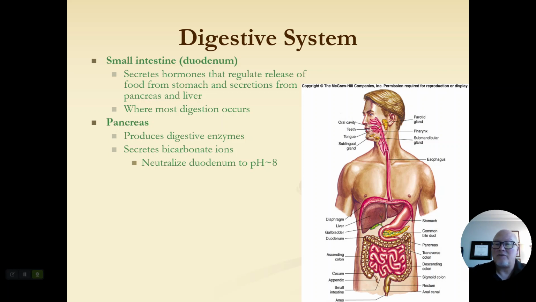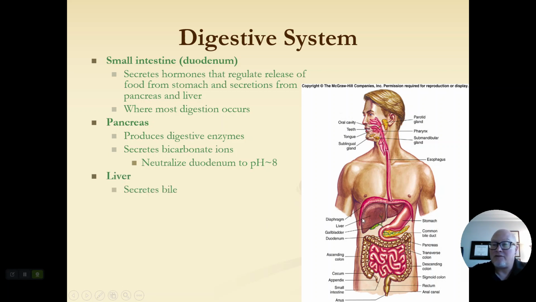So here we have our pancreas, and that pancreas is going to secrete enzymes into the small intestines. You also collect enzymes coming from the liver, which is here, into the gallbladder, which is bile, and then that is secreted also into the small intestines in order to help digest food.